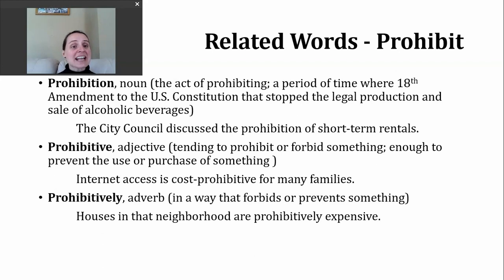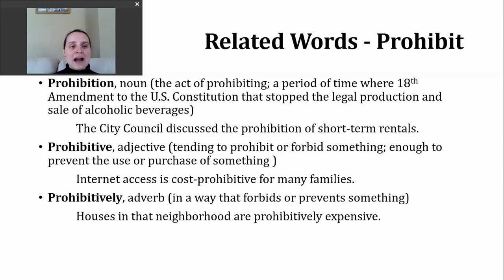Okay? That definition is going to be in the example sentence I have below. Let's look at it. The city council discussed the prohibition of short-term rentals. So here we have a city government considering not allowing a short-term rental.